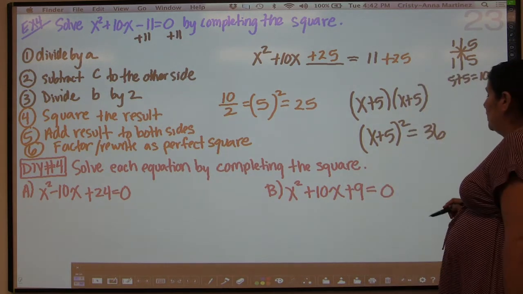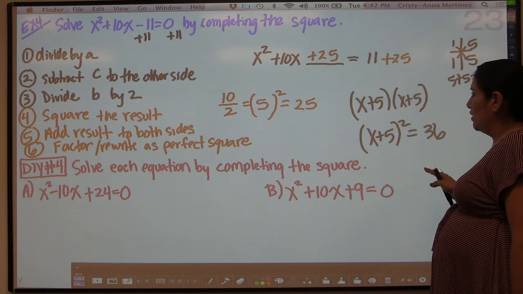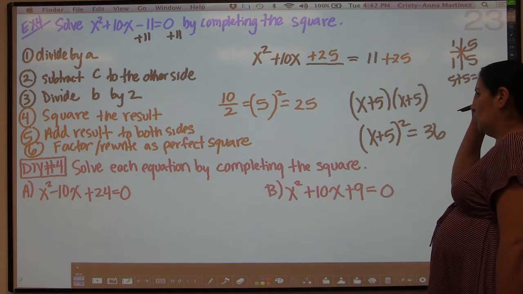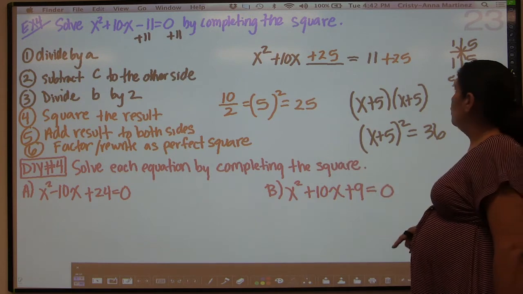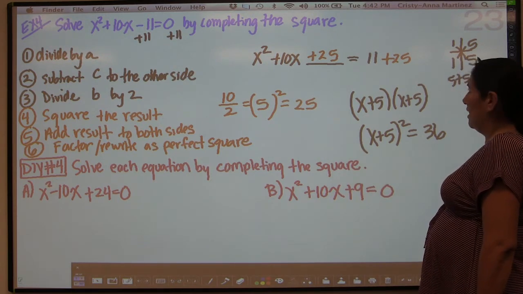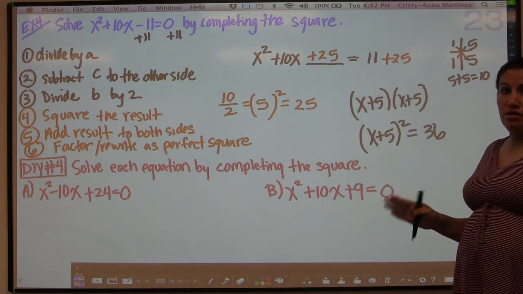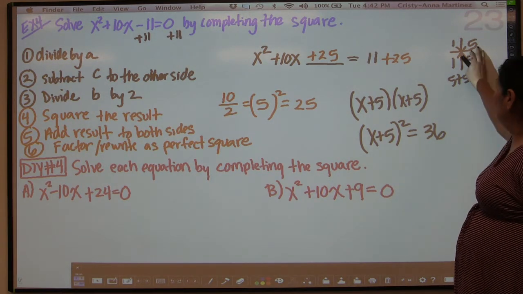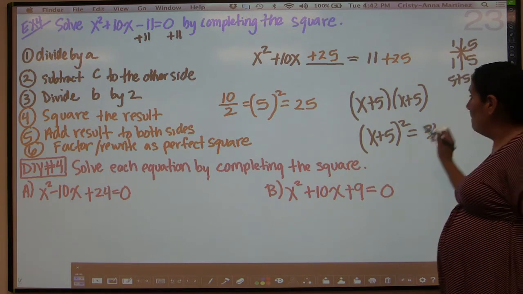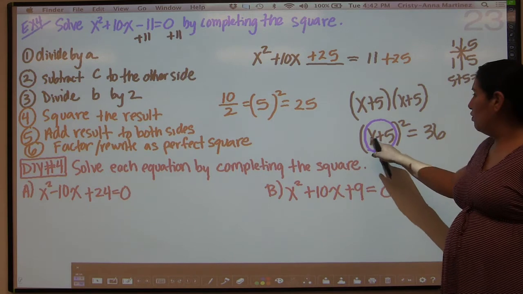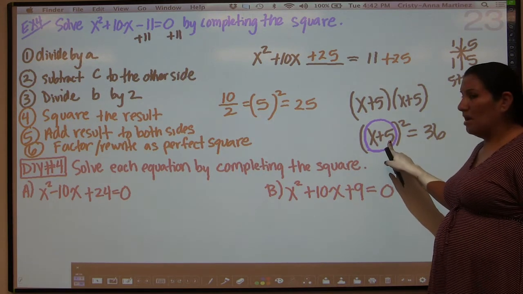And now I can actually, but before I solve this, I want to show you something that's really unique about these problems, and it's always going to work. So when I put the factor, you don't have to do this every single time. The completing the square process is guaranteed to give you a perfect square. So instead of having to figure this out all the time, you should notice that the number that ended up being inside of the perfect square here is a positive 5.